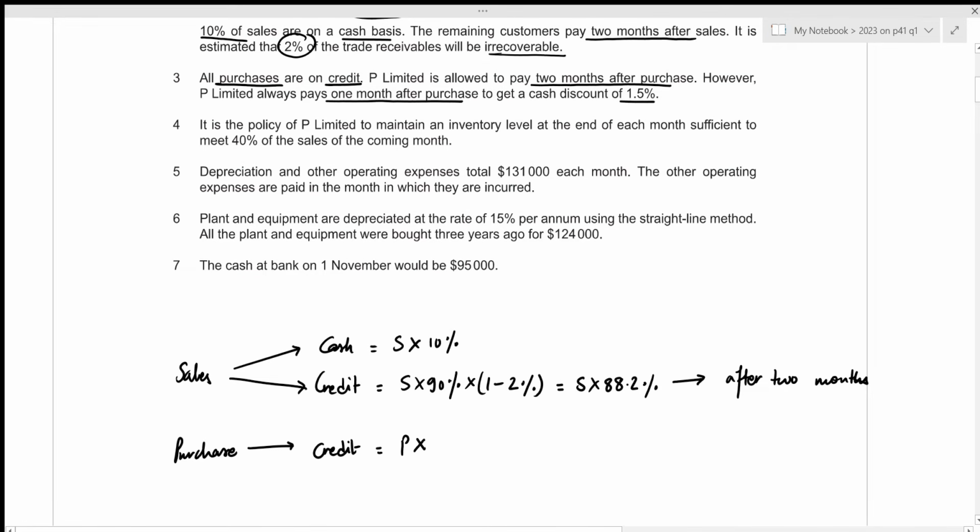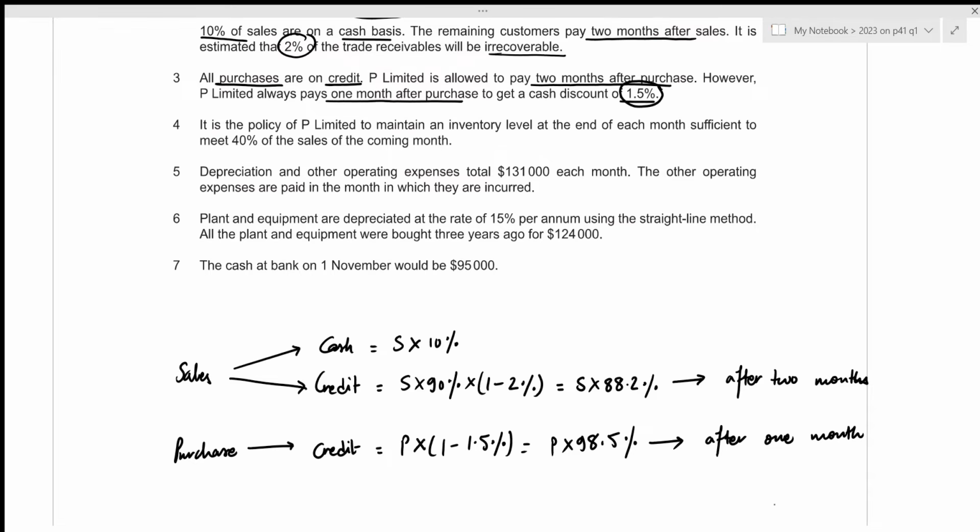And we will also get a cash discount of 1.5%, which means that we won't have to pay 1.5%. So this will just be purchase times 98.5%. And this will be paid after 1 month. So this just means that purchases for the month of September will be paid for in the month of October.